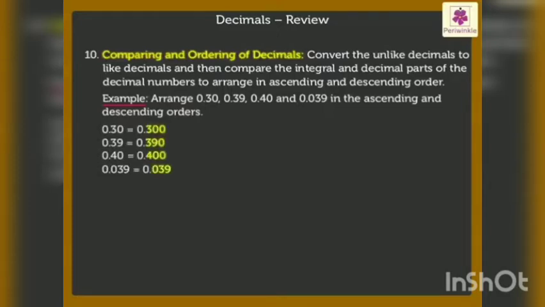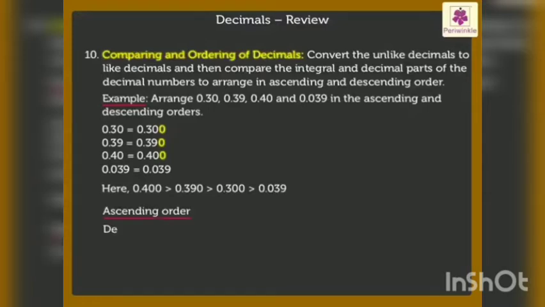On comparing the decimal parts, we get 0.400 is greater than 0.390 is greater than 0.300 which is greater than 0.039. Thus, we get the ascending and descending orders as shown here.